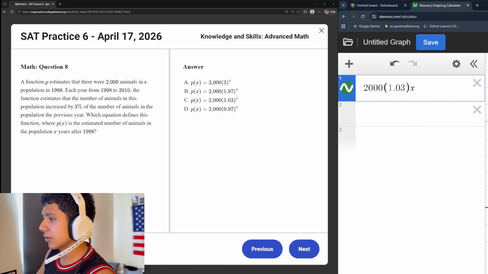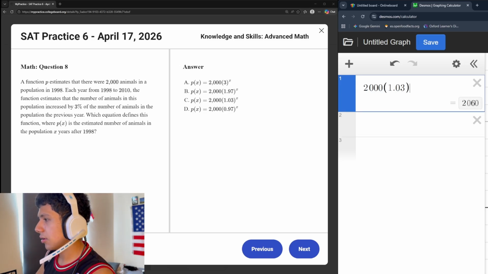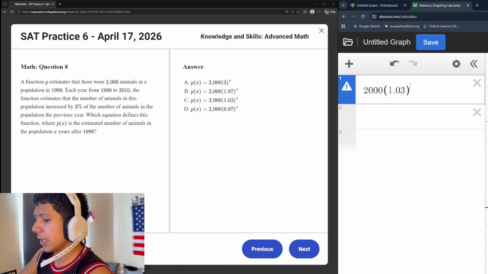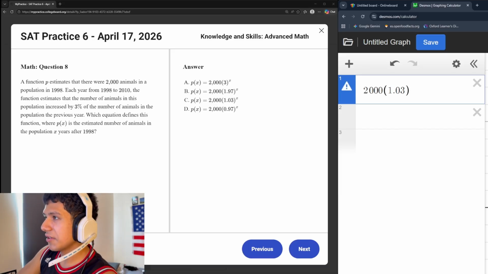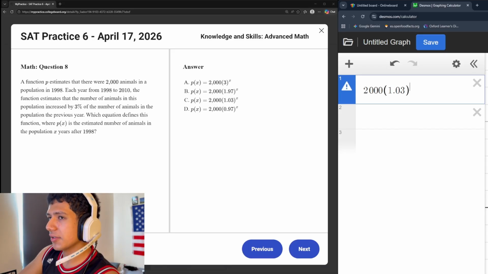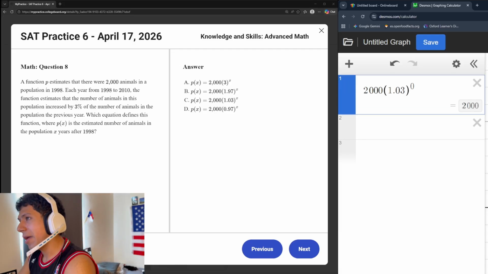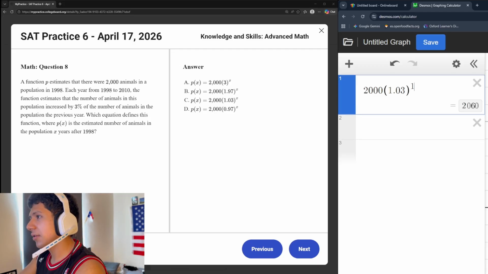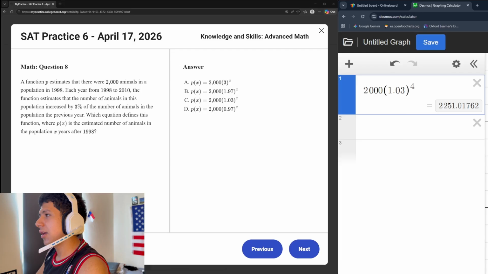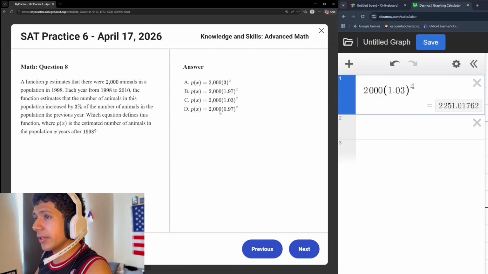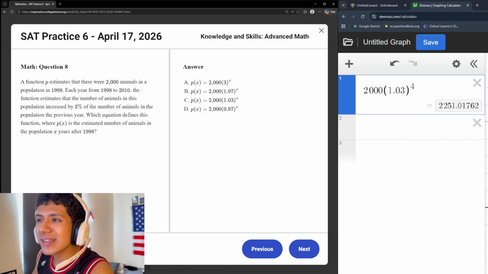In 1998, there hadn't been any years after 1998, so x will be 0, which is the initial value. 1 year after, it's going to be 3% more than that. 2 years after, 3% of that. 3 years after, 3% of that. 4 years after, 3% of that. Option D here is decreasing by 3%, right? Not adding. So that's why option C is correct.